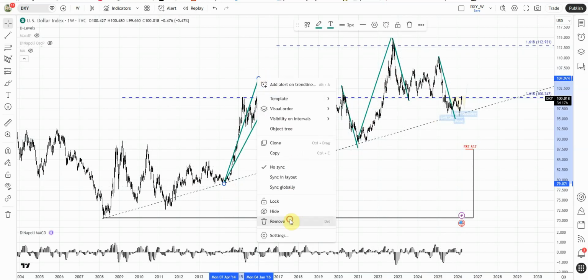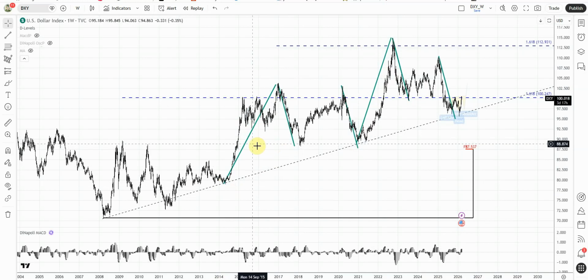But it's not the end. Take a look, initially it also started with a regular triple buy. The next top was precisely the 1618 extension of this swing, so the whole regular triple action. This top was precisely 1618 of the other one.